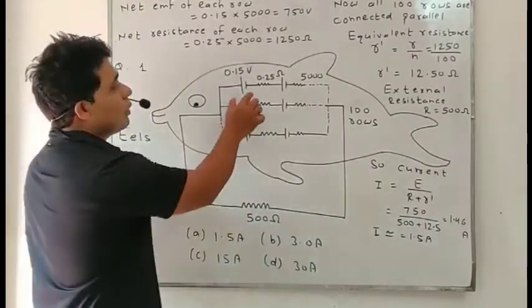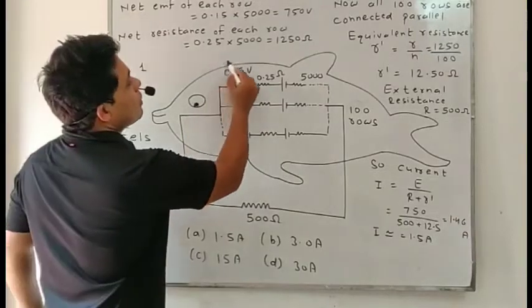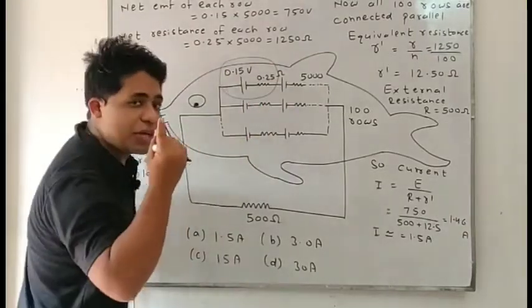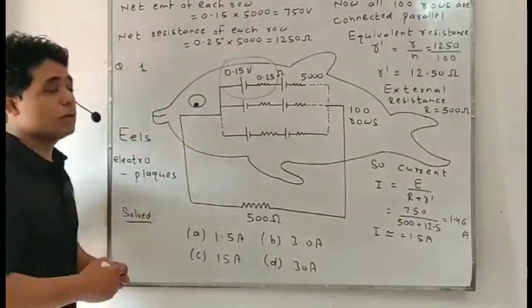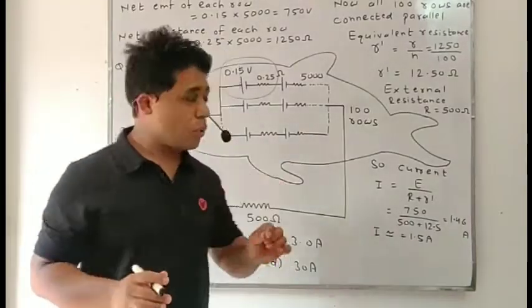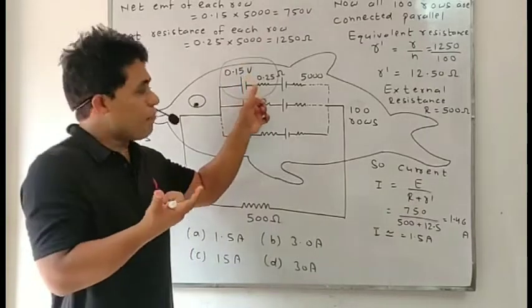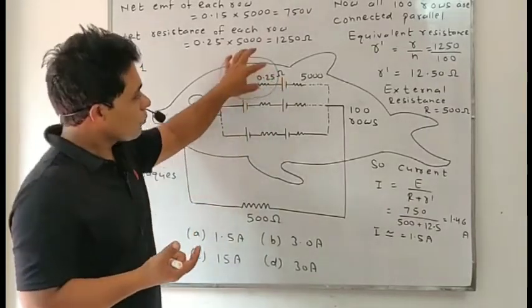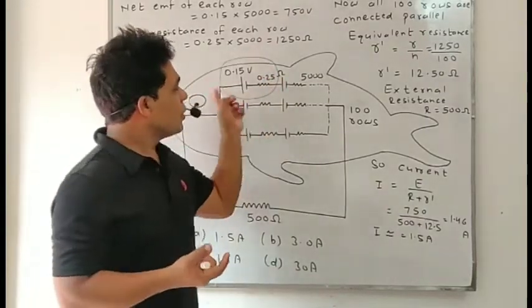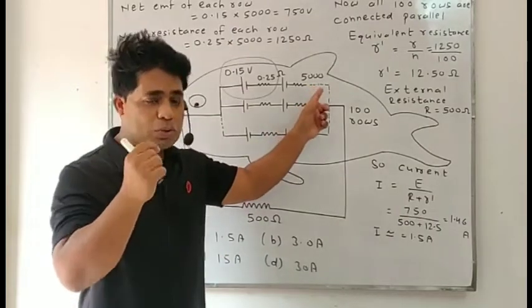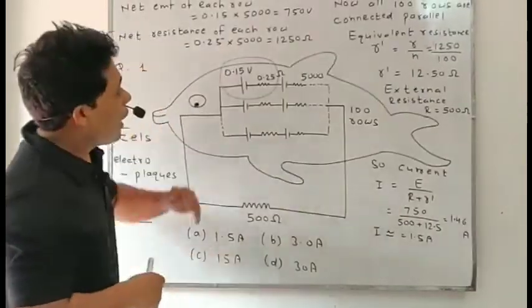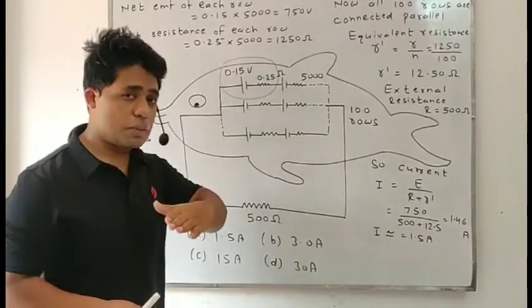Understood? Suppose this is a single electroplate, a cell, with 0.15 volt EMF and 0.25 ohm. In this line we have 5000 electroplates, and in total we are given 100 rows.